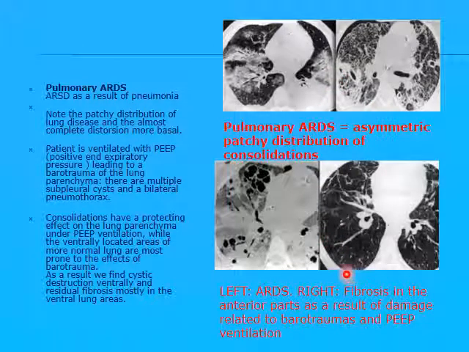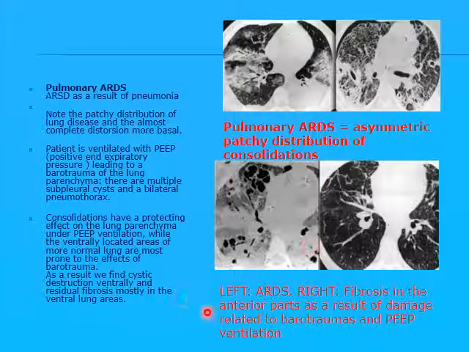After healing of pulmonary ARDS, there may be remaining areas of mild lung fibrosis, usually affecting the anterior aspects of the lung. They try to explain that this fibrosis in the anterior parts of the lung is due to barotrauma from the ventilator.